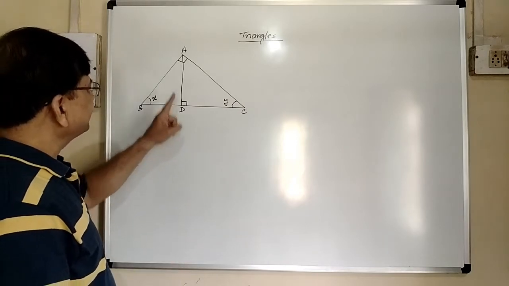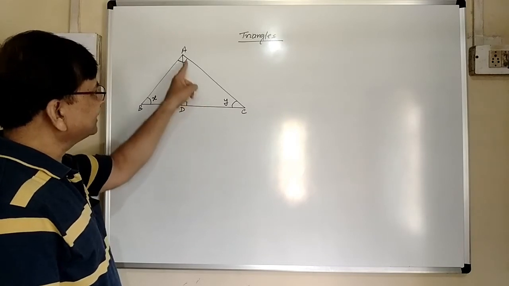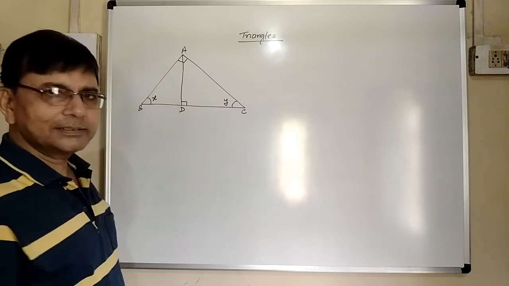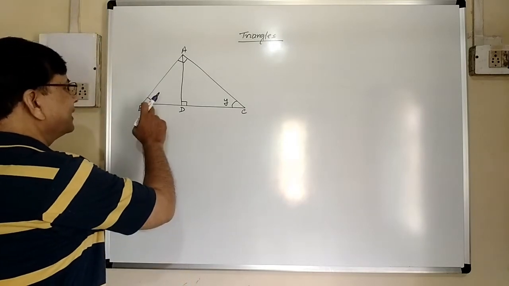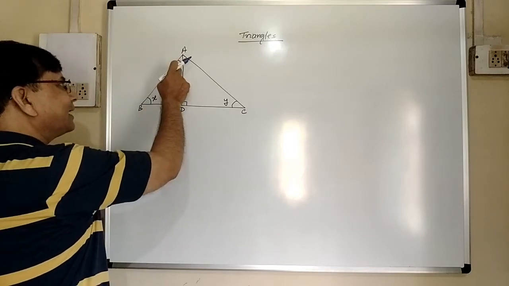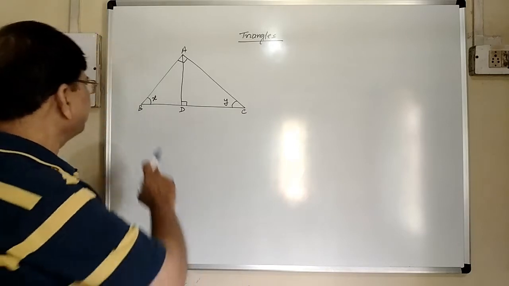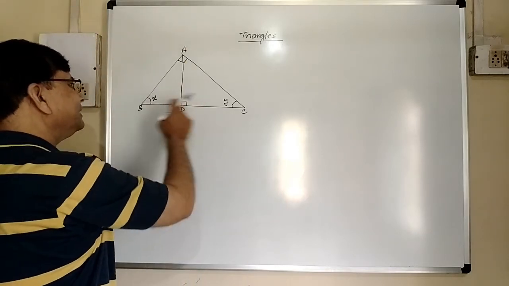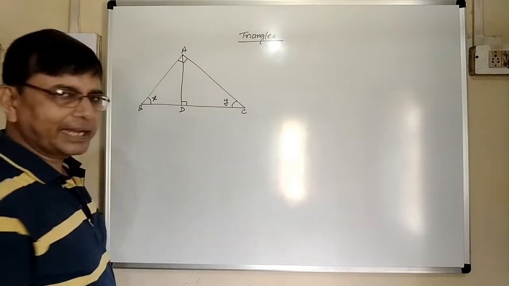Then you see, this angle plus 90 plus this angle, the sum of all these three angles is 180 degree. This 90 degree plus this angle is 180 degree. And in the big triangle ABC, this is 90, which means X plus Y is 90 degree.